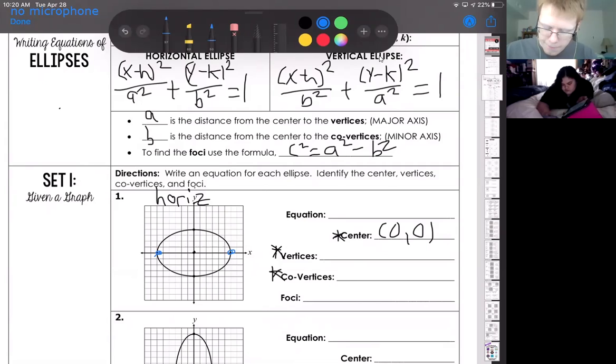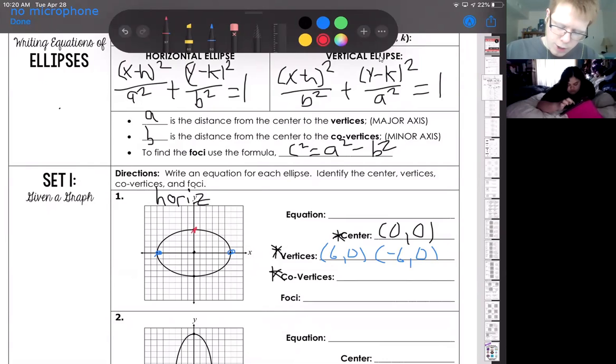If you look at your points, you have one at 6, 0 and one at negative 6, 0. And your co-vertices would be on your vertical axis because it's the smaller one for a horizontal ellipse. So you have a point at 0, 4, and a point at 0, negative 4.